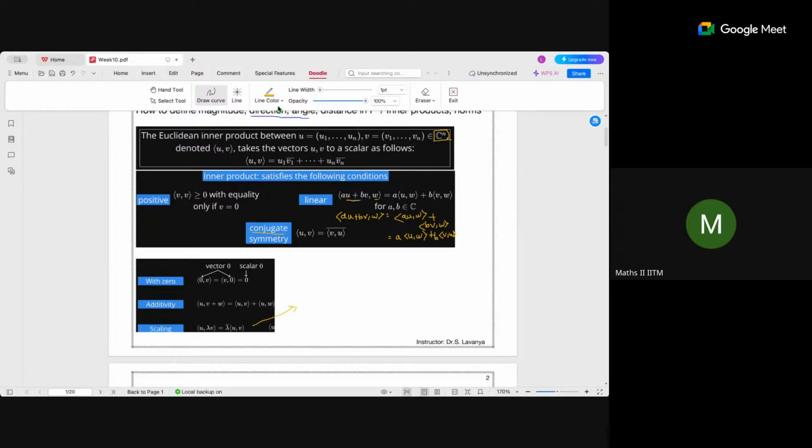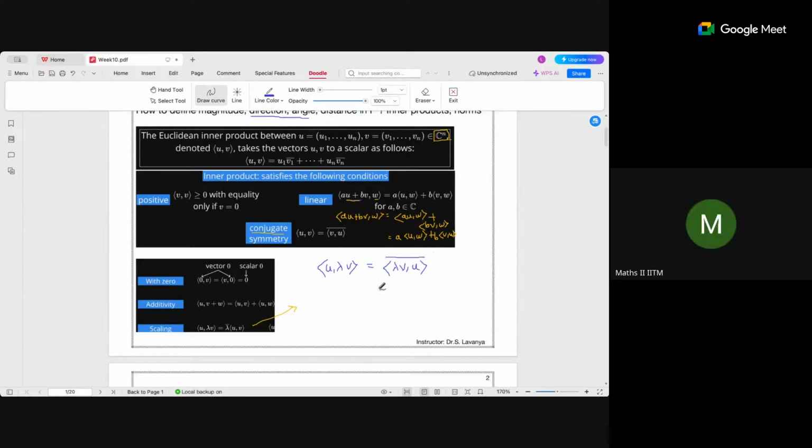And then what happens to scaling with respect to the second variable? The inner product of u comma lambda v is equal to, let's flip it. If we flip according to conjugate symmetry, what will we get? You apply conjugate symmetry and flip: the inner product of lambda v comma u, and then you have a whole bar.